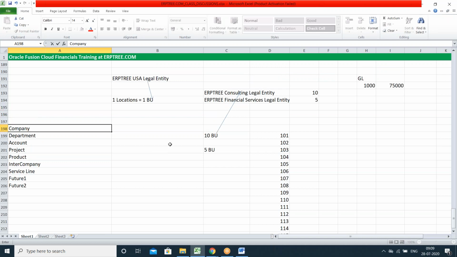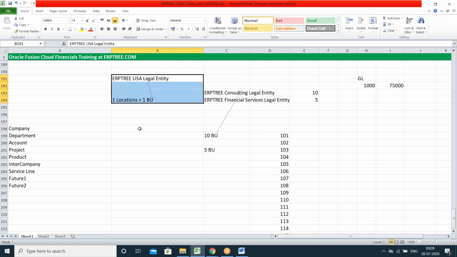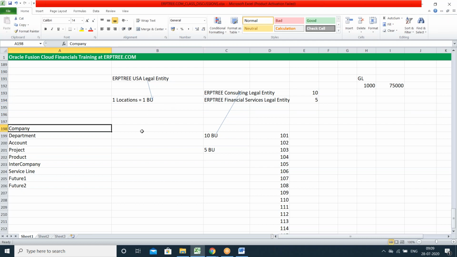Now I'll go with the other example. We have only one registration, we have only one branch. Since we have only one branch, we will create only one business unit. You can take the name as branch, whether we have one branch or multiple branches.